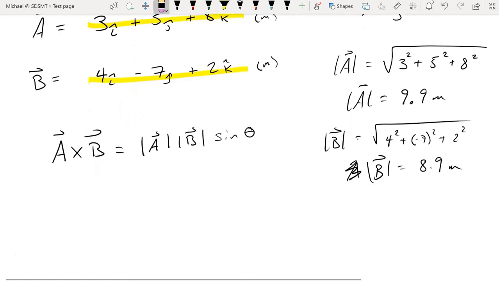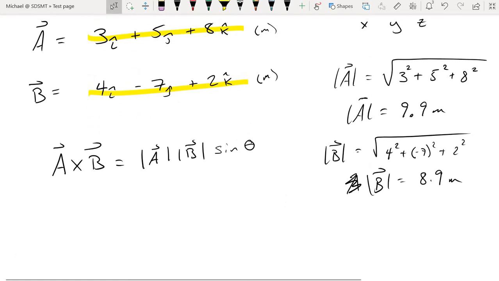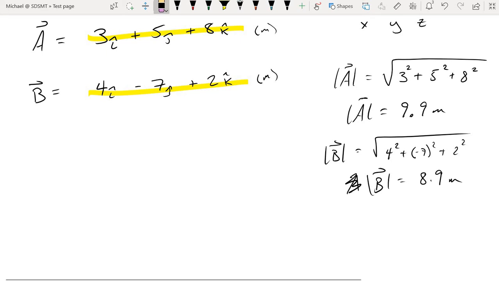I certainly don't want to try to measure the angle between the two of them. That's going to be extremely difficult. And so this is probably not the best approach for trying to evaluate the cross product of these two vectors, at least not in this combination of information.